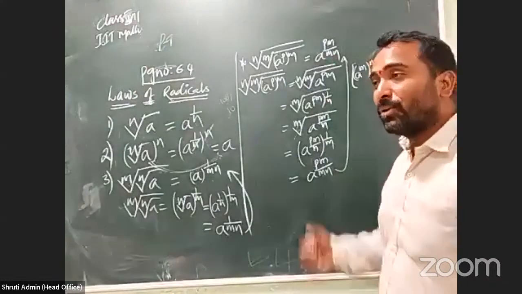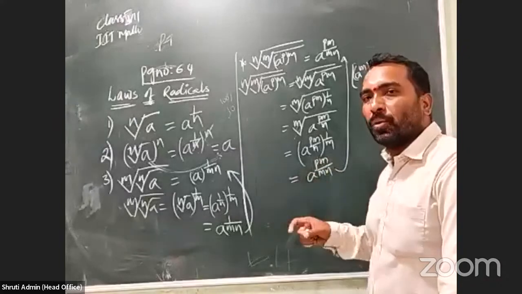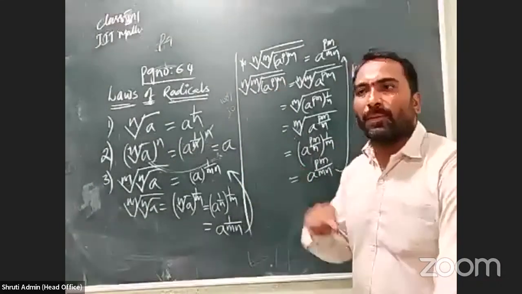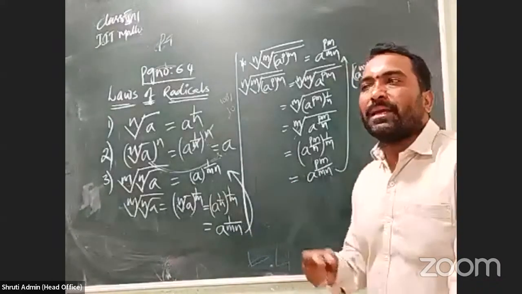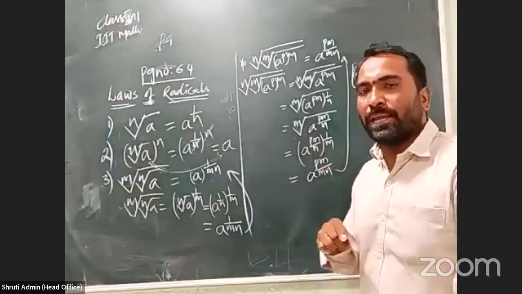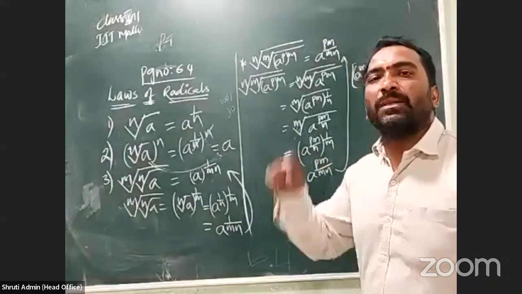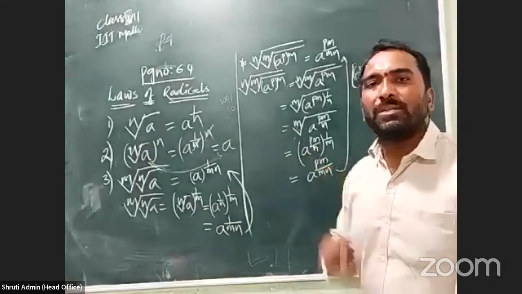Got my point? So shortcuts and procedure both. See, shortcuts can be used only when you become very perfect. Because keeping the children in view, not every child is up to that. So we are explaining the process, because learning the process is more important than learning the shortcuts.